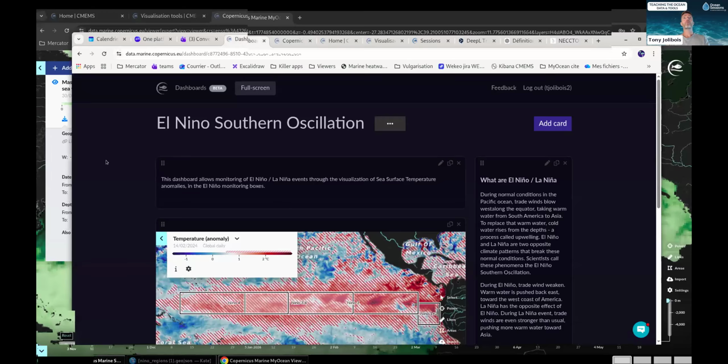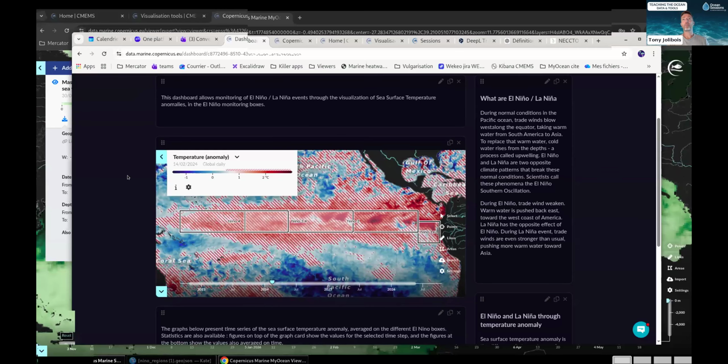But coming back to El Niño Southern Oscillation, there are these other tools, so MyOcean Lite, MyOcean Pro, and then this dashboard allows you to have a dedicated page focused on a region and on a topic.